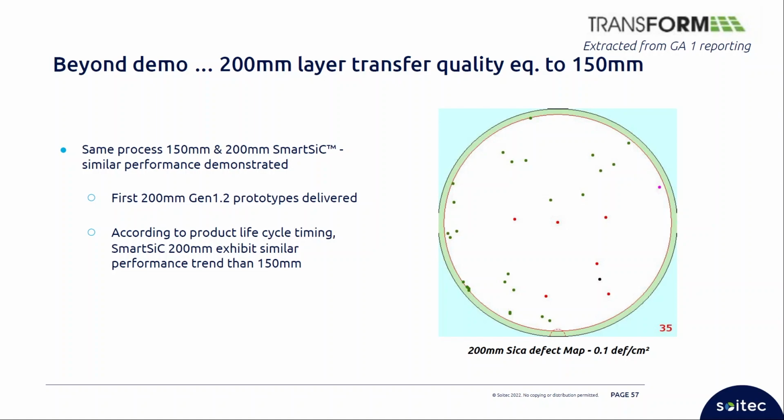We have the chain of the 6 or 8 inch perspectives in convertible dimensions. And so we can benefit of the development in 6 inch to 200 millimeters. So we demonstrate now some very similar performance. And we delivered the first prototype and already obtained 0.1 decibels.